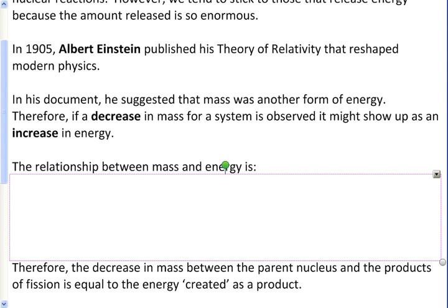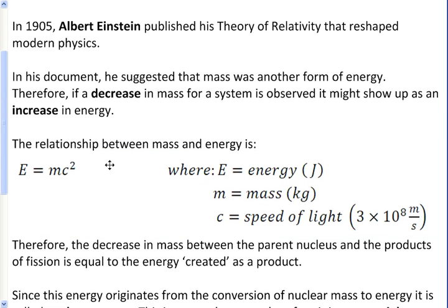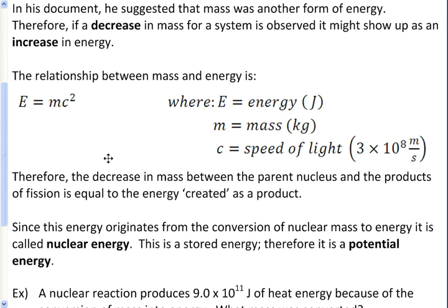And the relationship that he found between mass and energy is that very famous formula that you all knew before walking into this class, which is E equals mc squared. What you might not have known are what these letters stand for. The capital E stands for energy, and that energy is measured in joules. The M stands for mass in kilograms, and the C stands for the speed of light, which is 3 times 10 to the 8 meters per second.